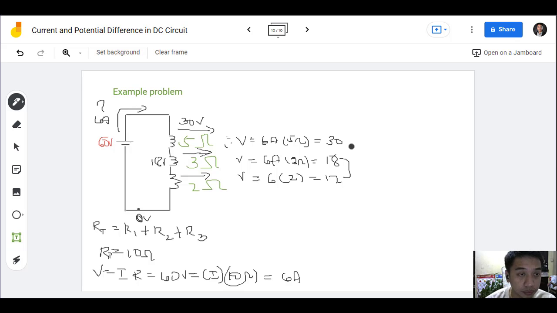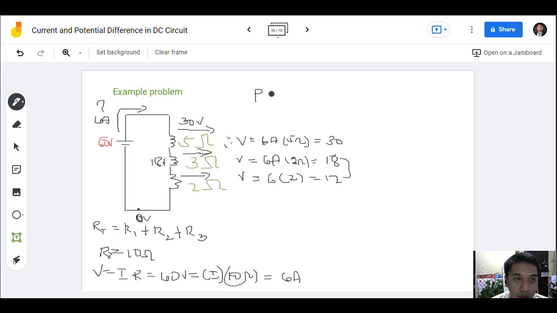Then, so let us check if the power, no? Gaano ba kalaki itong power na to, no? Yung lahat ng ito. So, to do that, okay?